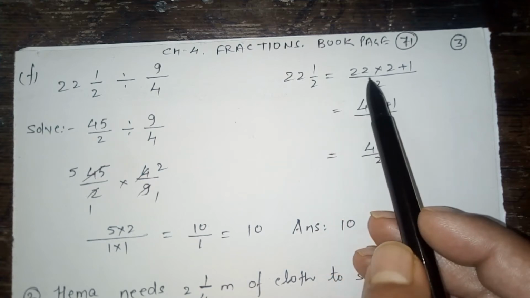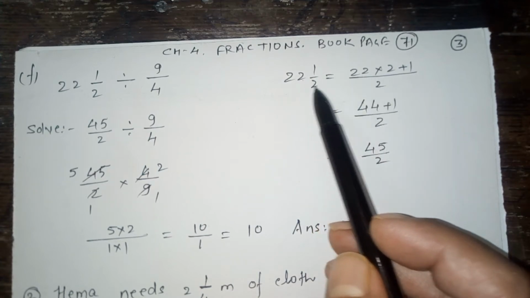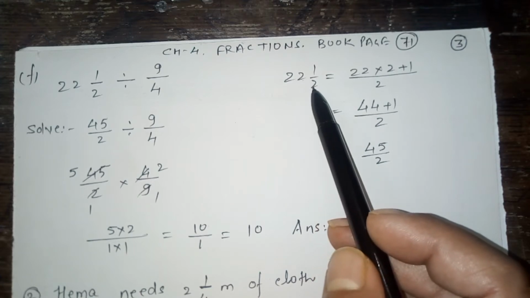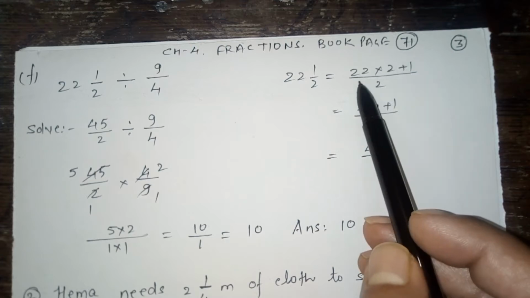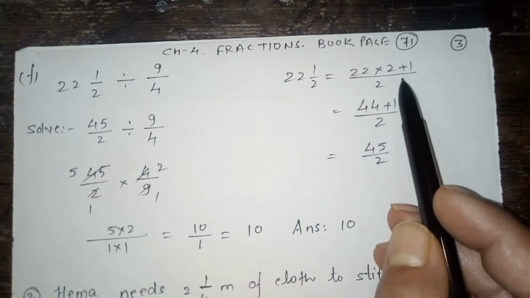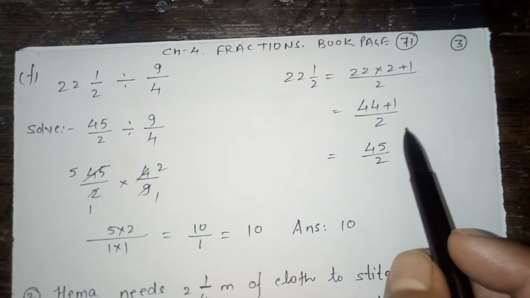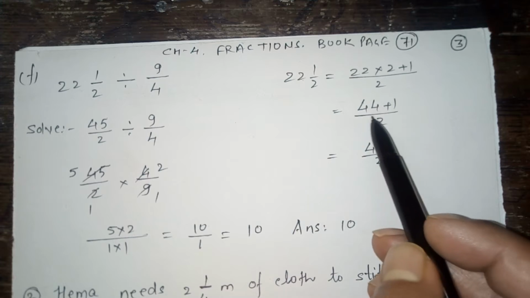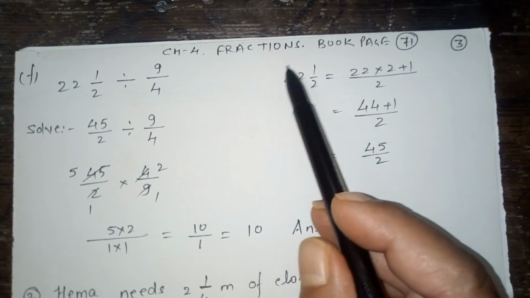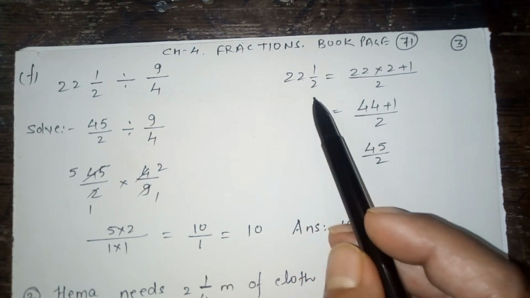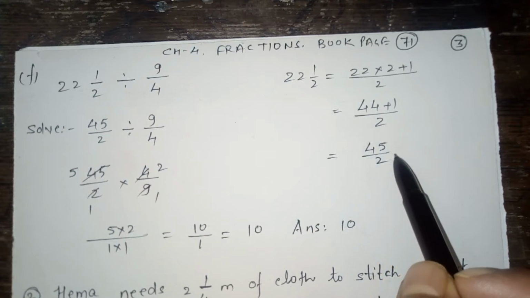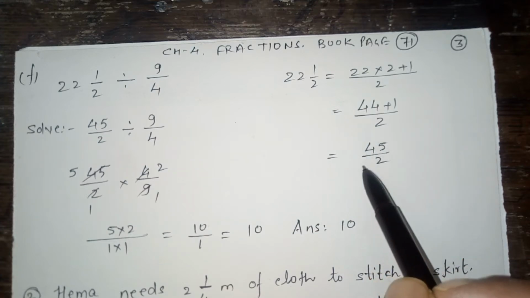So what will you do? 22 multiplied by 2, plus 1, upon 2. 22 twos are 44, plus 1 upon 2, it will give you 45 upon 2. So 22 and 1 upon 2 is a mixed fraction, and this is converted to the improper fraction 45 upon 2.